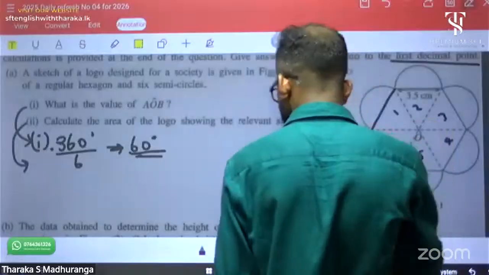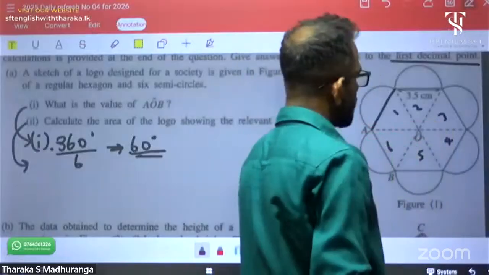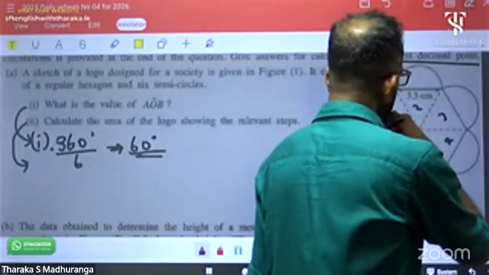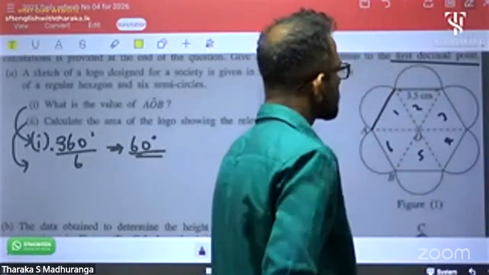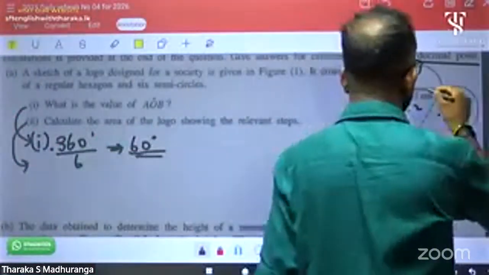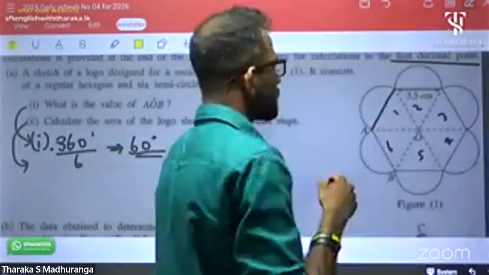The angle was 60 degrees, and one side is 3.5.